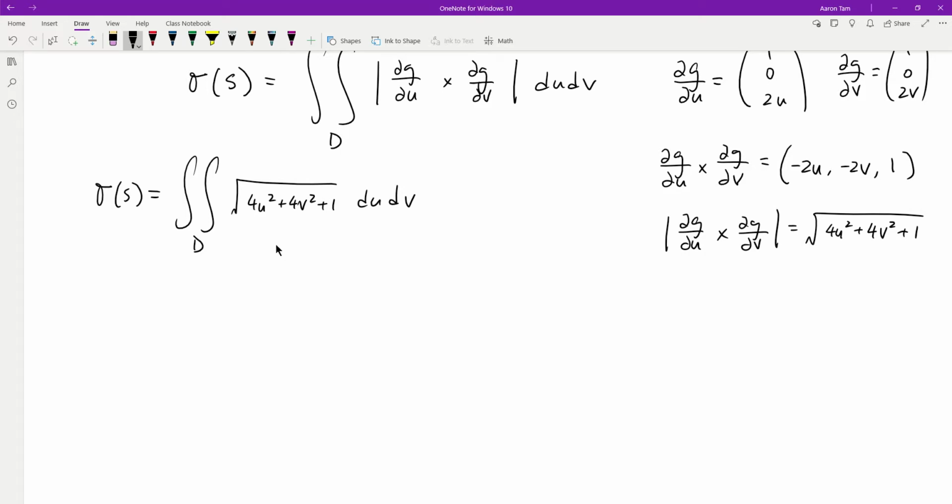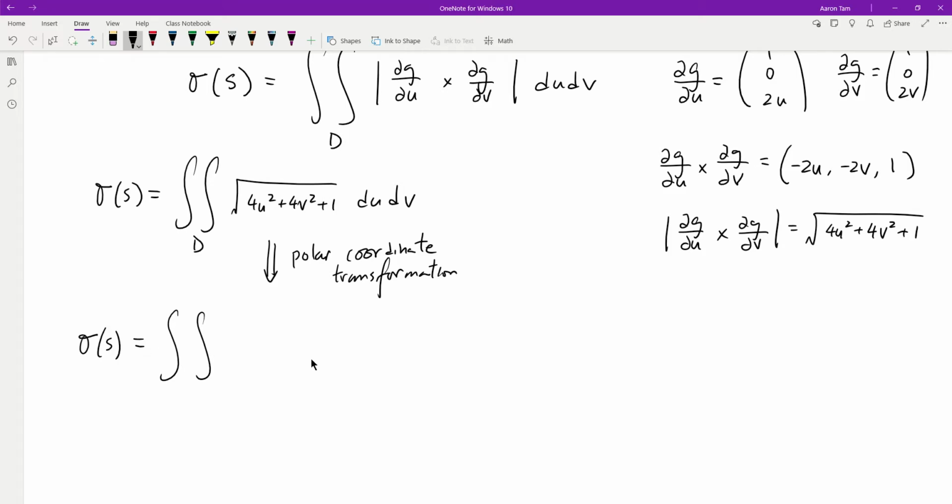So in this case, I'm going to use polar coordinates to complete my integral, because this integral I would not be able to do as is. So the polar coordinate transformation would tell me that I can now set up my integral to be the following.